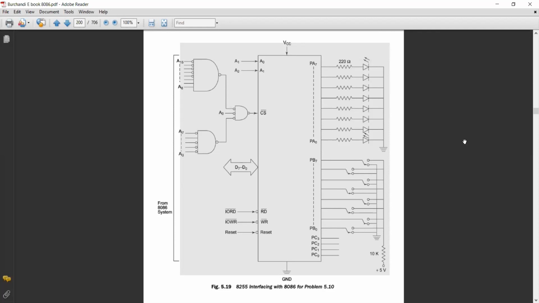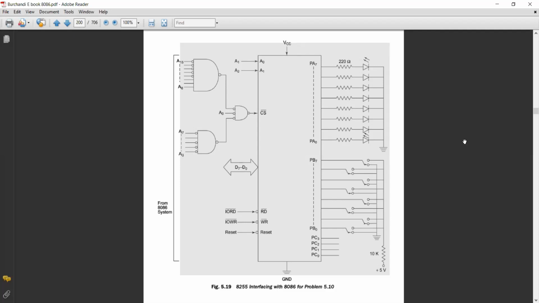This is the circuit diagram. Here A0 is used for chip select. If A0 is 0 and all the others are 1, then the output will be 0 and this chip will be enabled, otherwise not. Similarly, A3 to A7 and A8 to A15 are all connected with a NAND gate. Is it clear? Yes, sir.